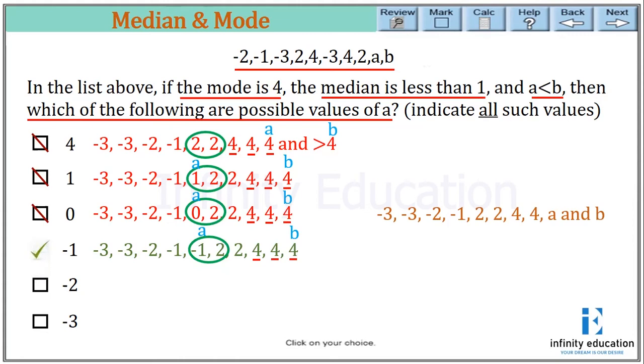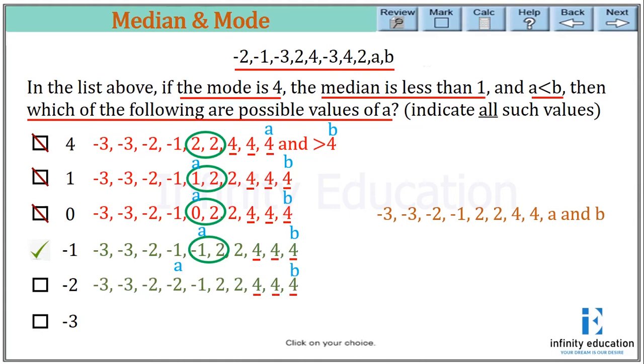So D should be one of the answers to this question. Now let's see whether the next one, that is -2, can be the value for A or not. So if I take A as -2, again B as 4, to satisfy the condition mode is 4.